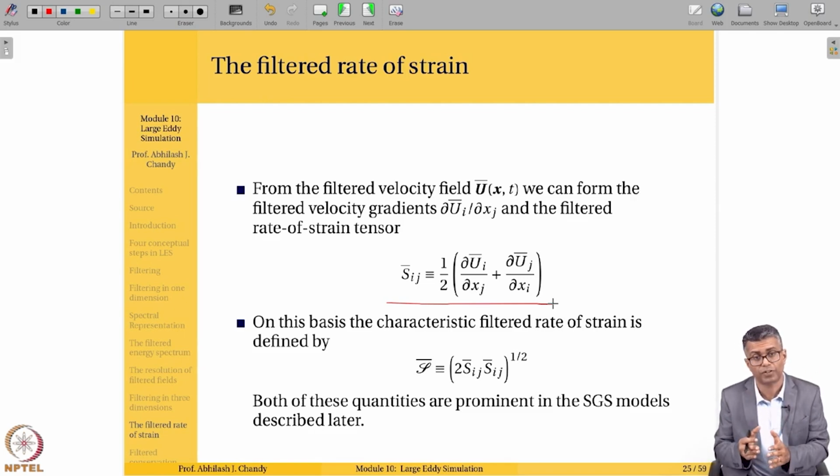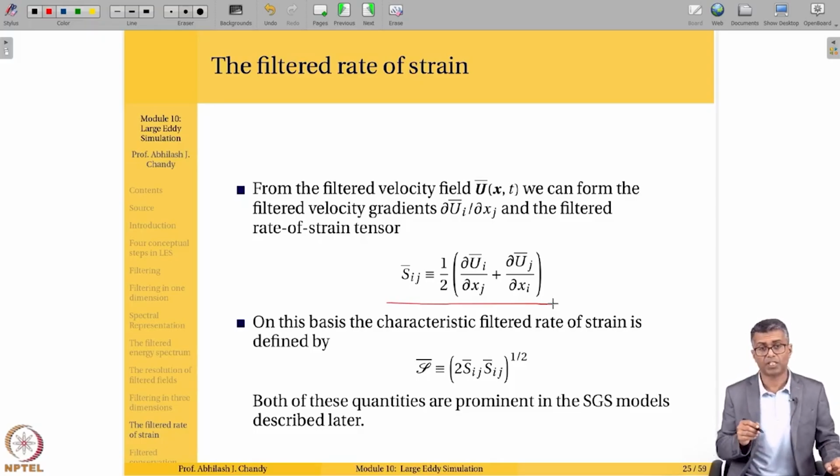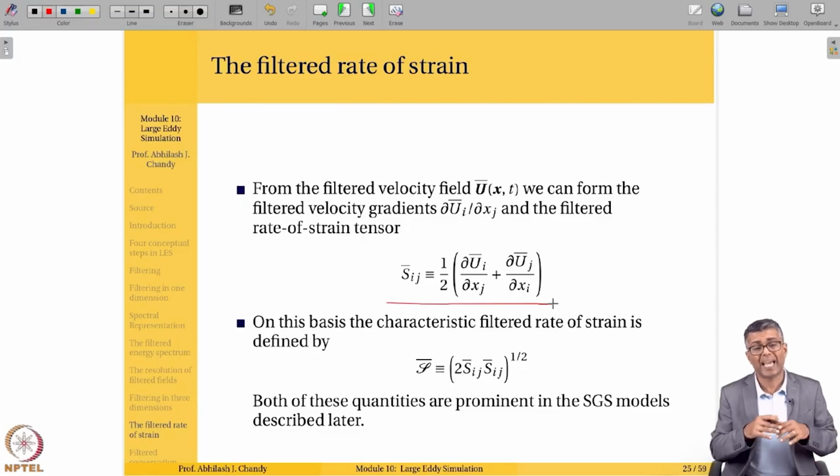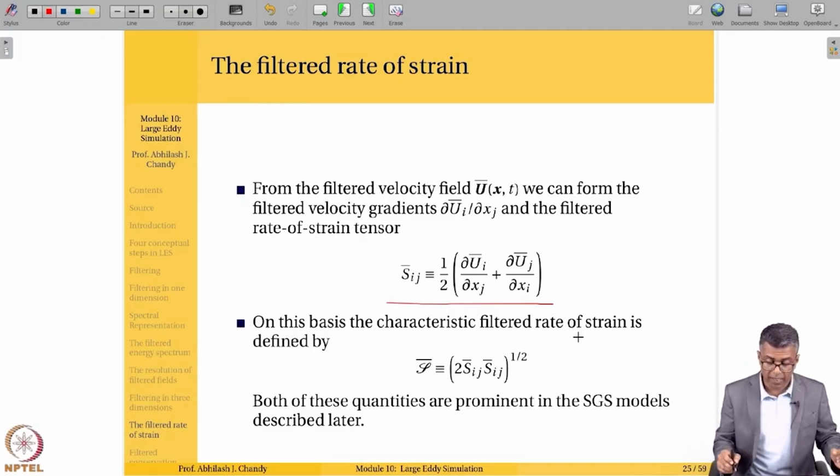So let's see what the filtered strain rate looks like. Sij bar is equal to half of del xj ui bar plus del xi uj bar. Now, any tensor's magnitude can be calculated, so the characteristic filtered rate of strain is given by S bar equal to 2 Sij bar Sij bar, all to the half.